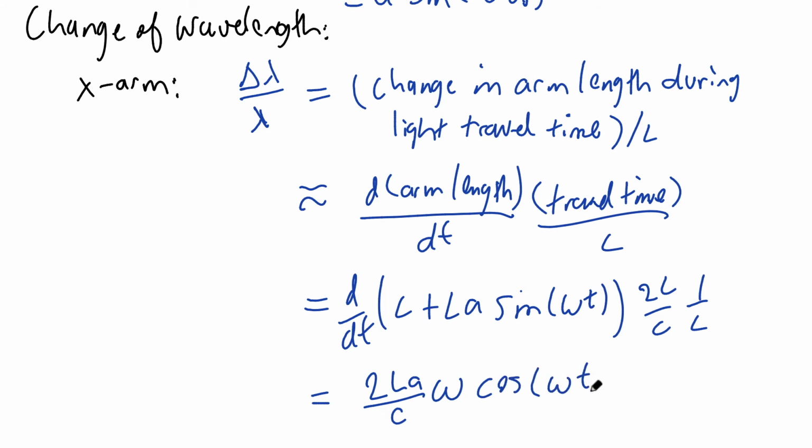And we're assuming the light leaves the corner station at time t naught, so let's evaluate this at t naught. So this is our result for the change in wavelength for the light that travels down the X arm of the interferometer.